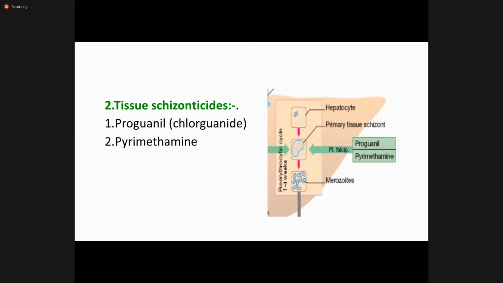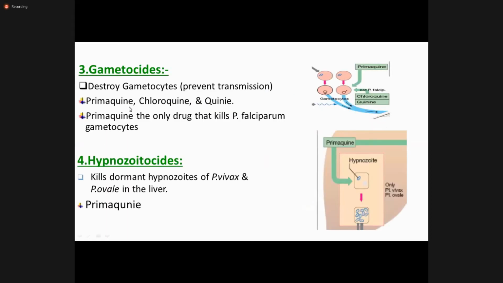Gametocide action happens in the later stage. It is basically used for prevention of transmission, because in the last stage the parasite is converted into gametes, and these gametes are taken up by the mosquito again.